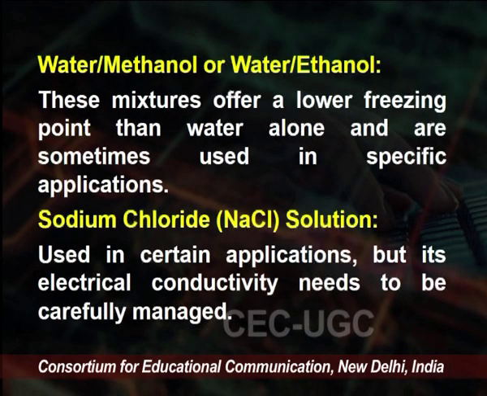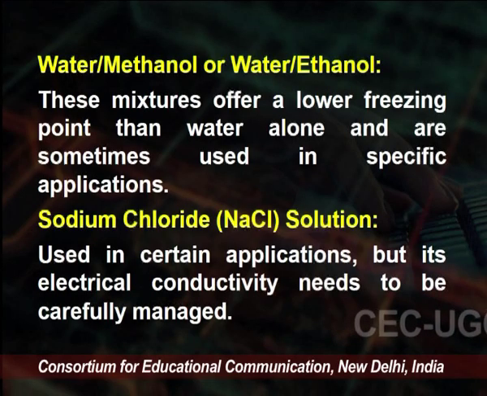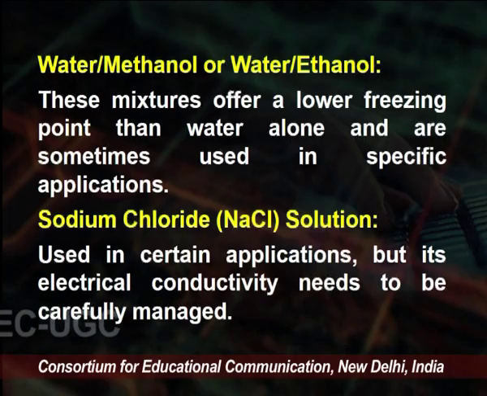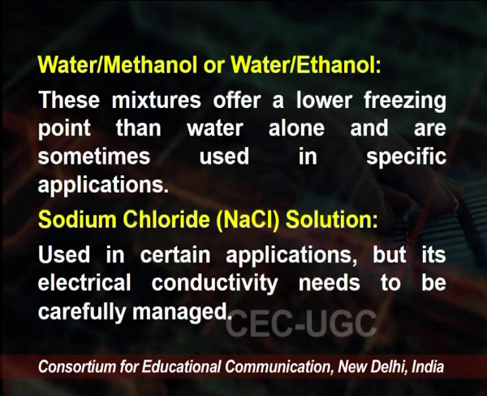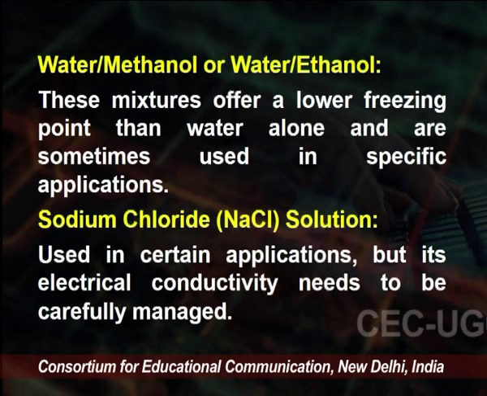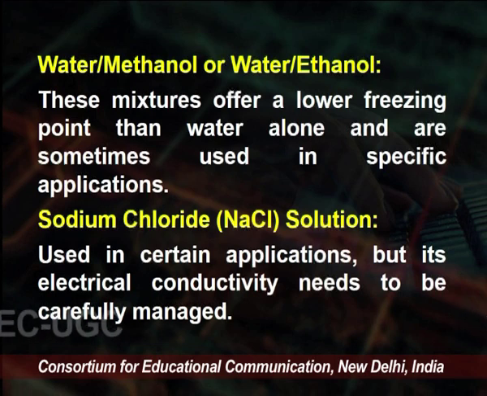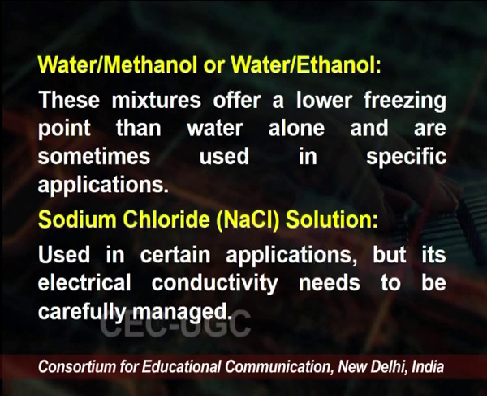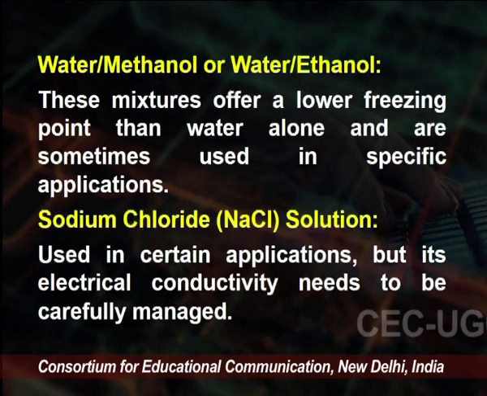Another is methanol or ethanol, which are also mixed with water. These water-methanol or water-ethanol mixtures offer a lower freezing point than water alone and are sometimes used in specific applications.